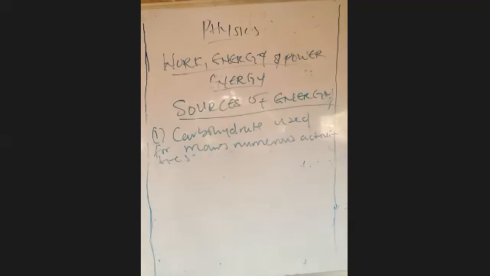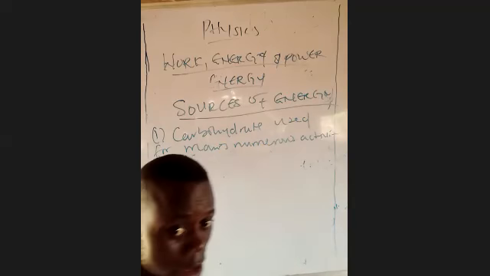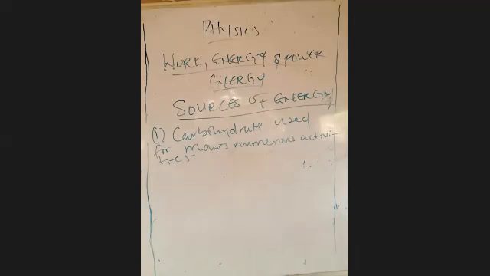So a carbohydrate is one source of energy. We all know those foods that can give us carbohydrate, like rice, cassava, yam. Let me just put them as the three crops. They are the ones that can give us carbohydrate. And when you take them, you will have energy. So that is one source of energy.